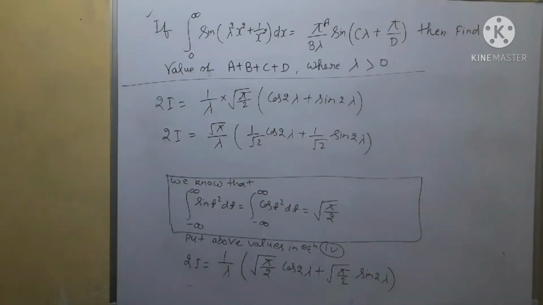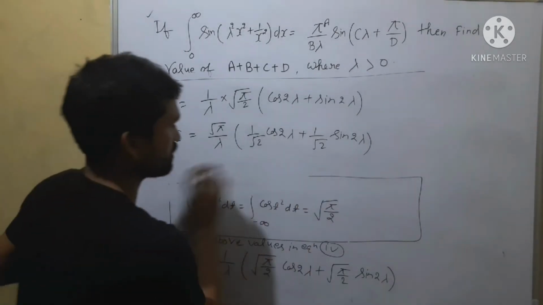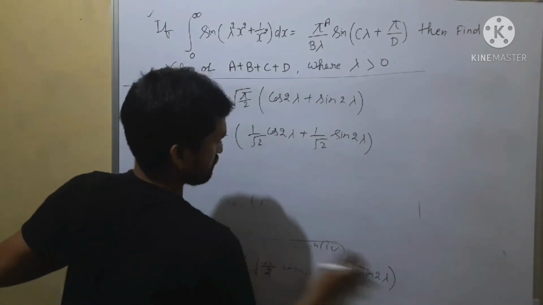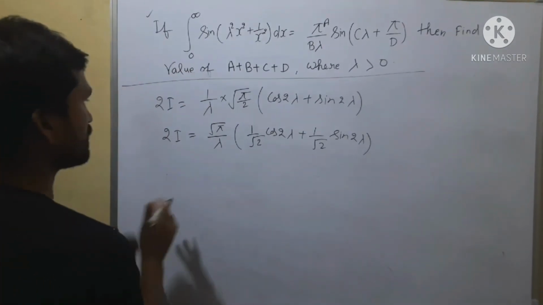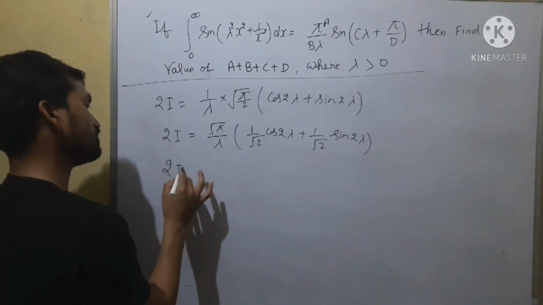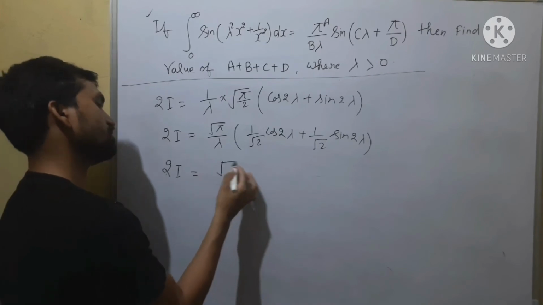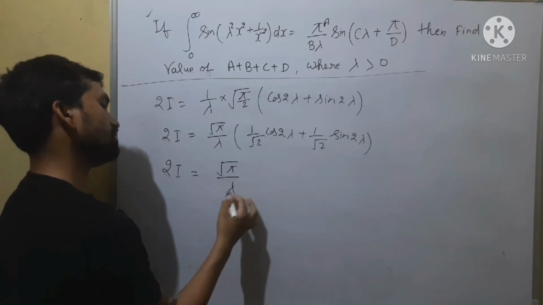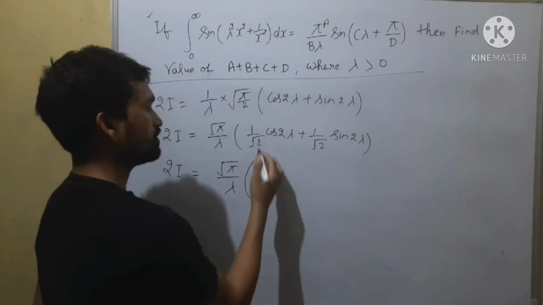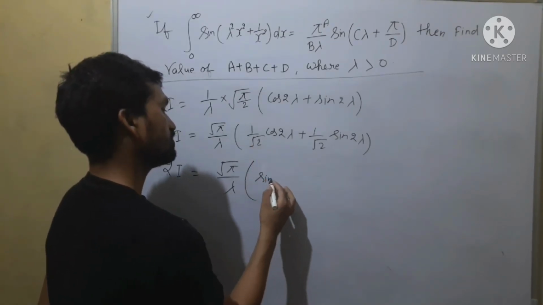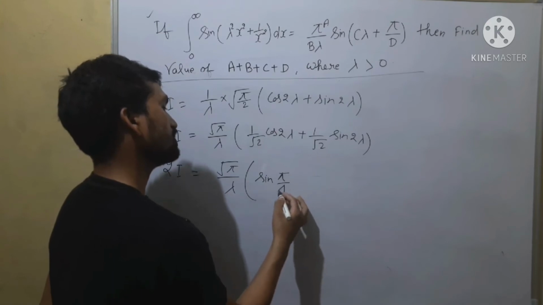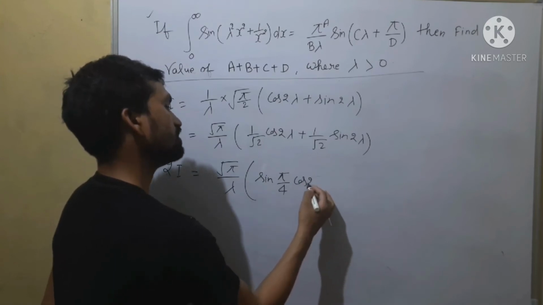So we can now put 2i is equal to square root pi by lambda. We can put 1 by root 2 as sin of pi by 4 cos of 2 lambda.